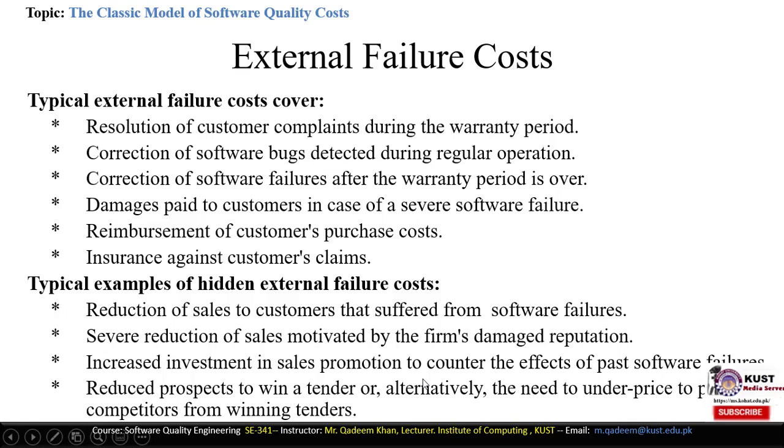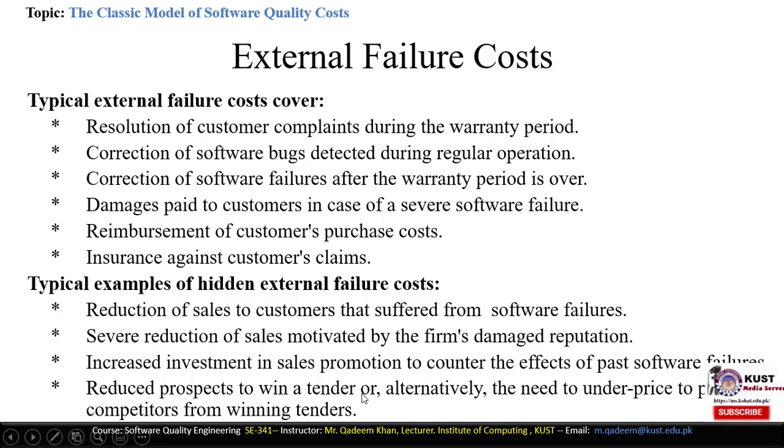Due to past software failures, we have to increase investment in sales promotion to regain the customers' trust.